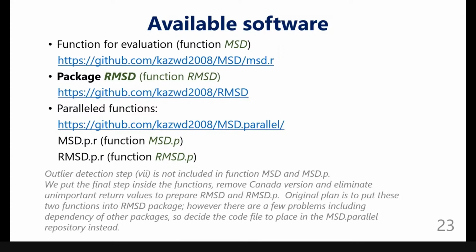So I just put RMSD inside the package on GitHub. And regarding the parallel version, its function name is rmsd.p. It's inside this repository. It's not in the shape of a package, but at least you can get the function itself, so that you can use it if necessary.